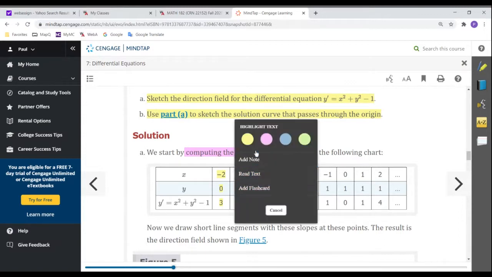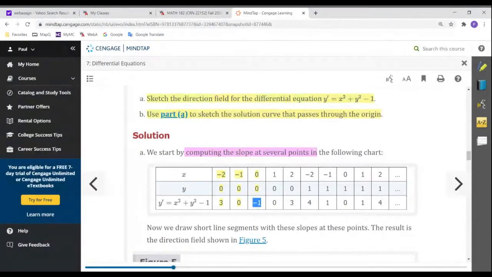And they keep doing this, and they're picking enough points so that you can graph a direction field. But let's go ahead and look at the first 3 points. Are there any questions on that before we move forward?